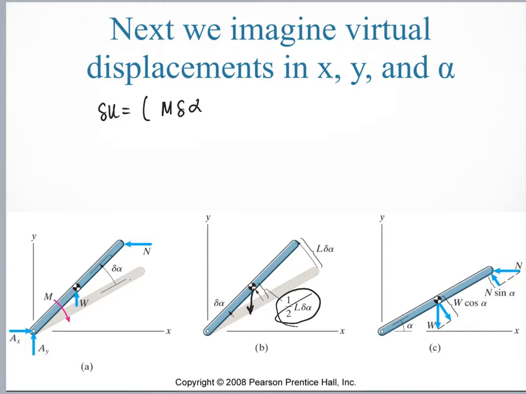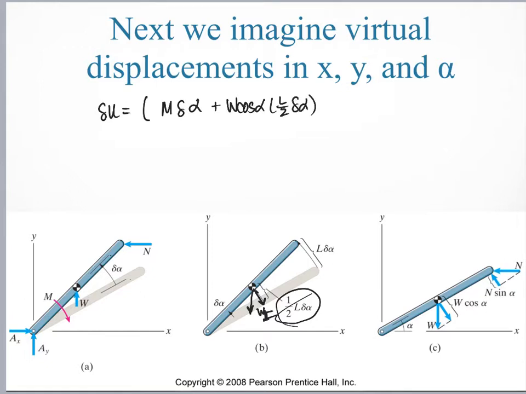But we want to think about the component of work that right here, which is perpendicular to the rod itself, because the other component, which is parallel to it, wouldn't do any work as it was moving in that direction. So we have W cosine of alpha times L/2 times delta alpha.